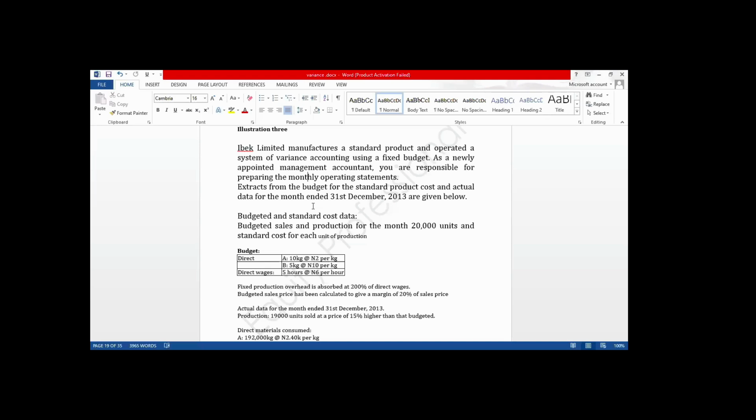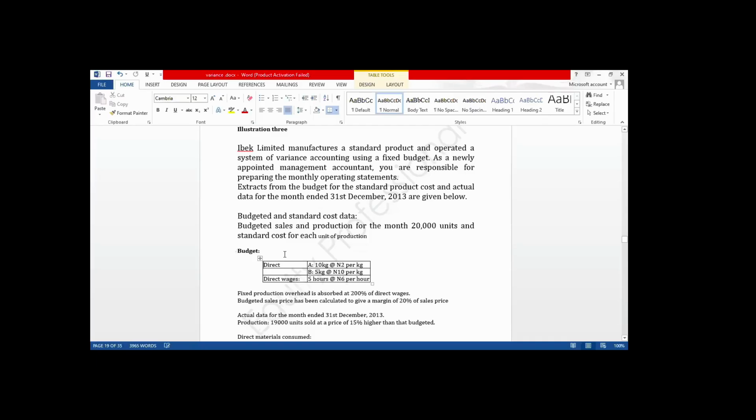Standard cost for each unit, direct material. You have material A and material B. Let's expand this more. That means to produce these products, we require 2 raw materials.